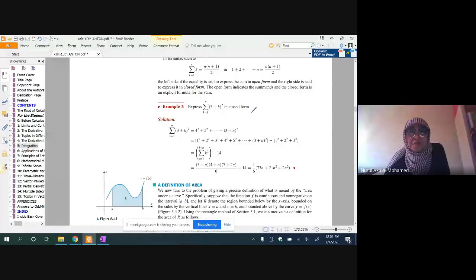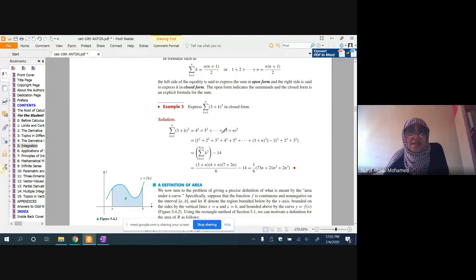3 plus k squared. If you write this out, it can be written as k starting from 1. The first expression will be, for k equal to 1, 3 plus 1, which is 4 squared. Plus, obviously, k equal to 2 will give you 5 squared, and so on.